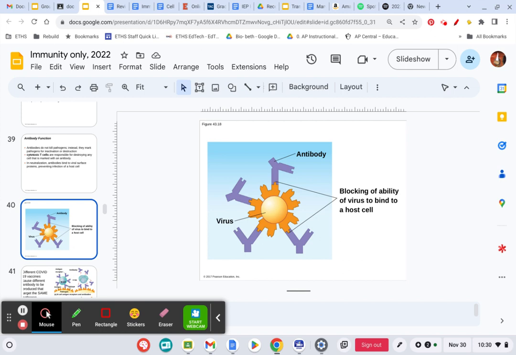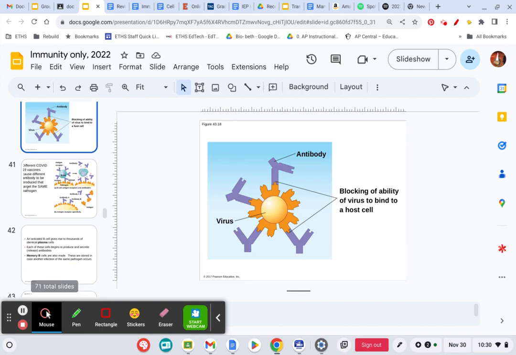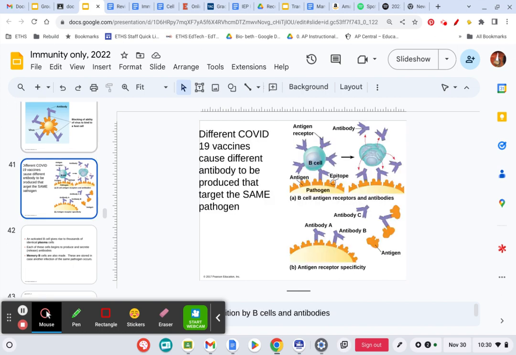Okay? They've been attached to by the antibodies, and because of that, they're not able to attach to anything else. So it neutralizes them. So even though this virus is still there and floating around in the body, it can't do any damage now because those antibodies are there.